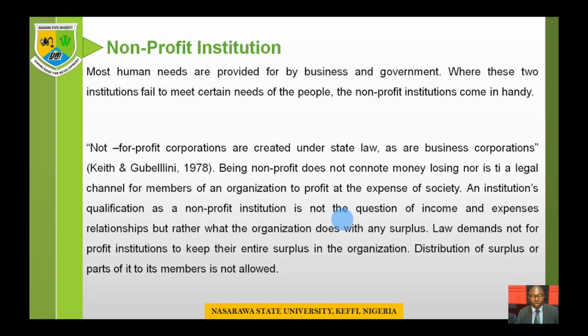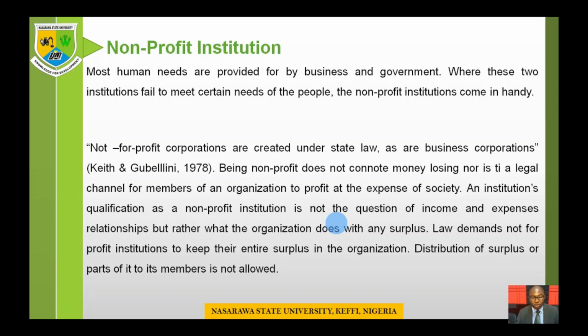An institution's qualification as a non-profit institution is not a question of the income and expenses relationship, but rather what the organization does with any surplus. The law setting it up demands not-for-profit institutions to keep their entire surplus in the organization, like the accountant will say, plowing back the profit into the organization.